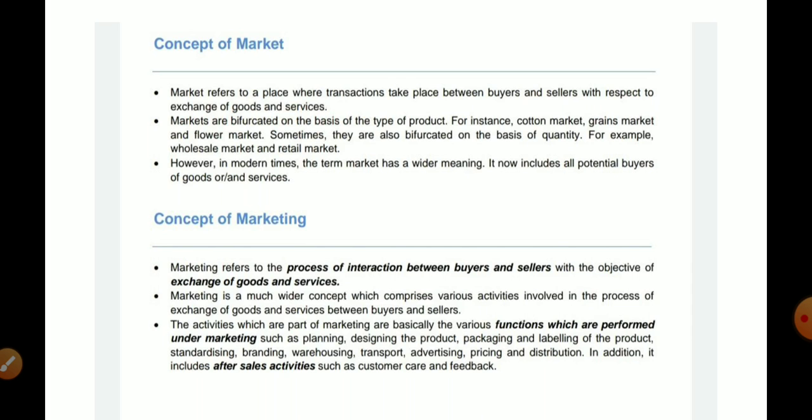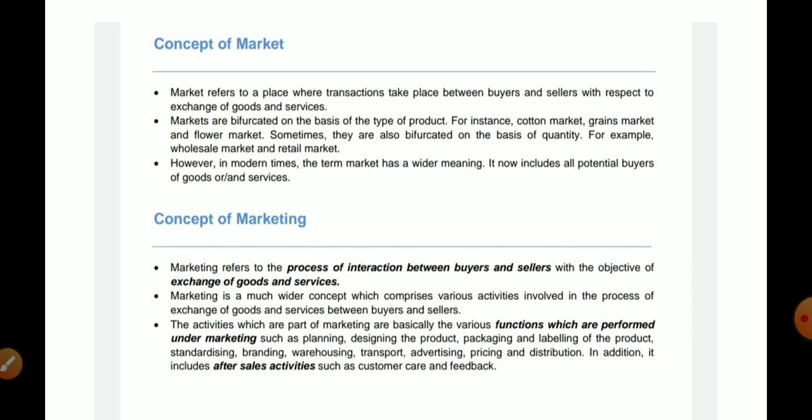Now, the concept of marketing is a process of interaction between buyer and seller with the objective of exchange of goods and services. All the highlighted points are very important. So, marketing includes many functions which are undertaken in the marketing process.